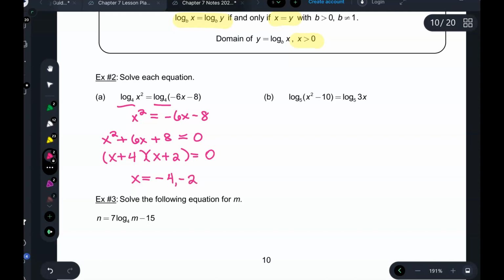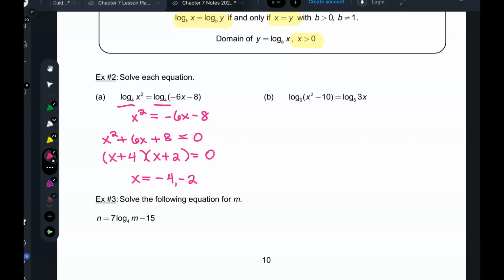Now, what I want to do is make sure, what happens if I try to plug in -4 here and here? Well, if I plug it in on the left side, that's going to give me log base 4 of positive 16, right, when I square it. What happens when I plug it in here? Same thing. So remember how I said you can never have a negative?